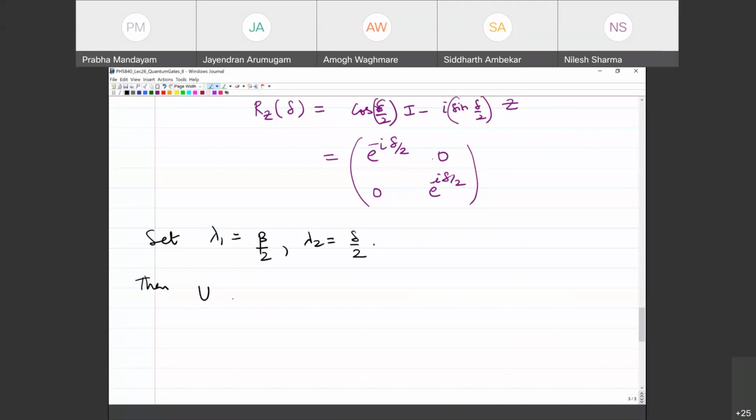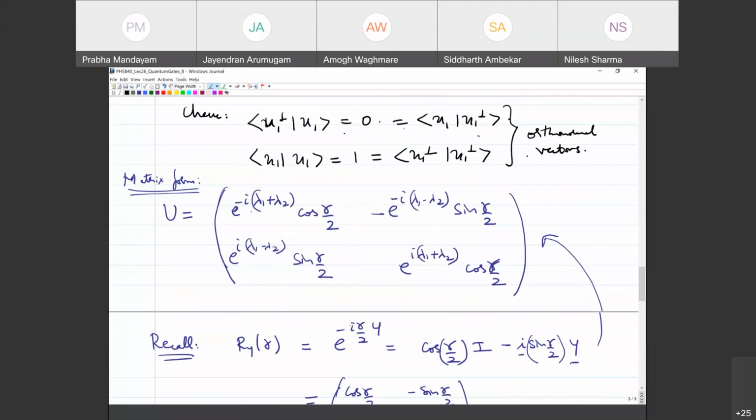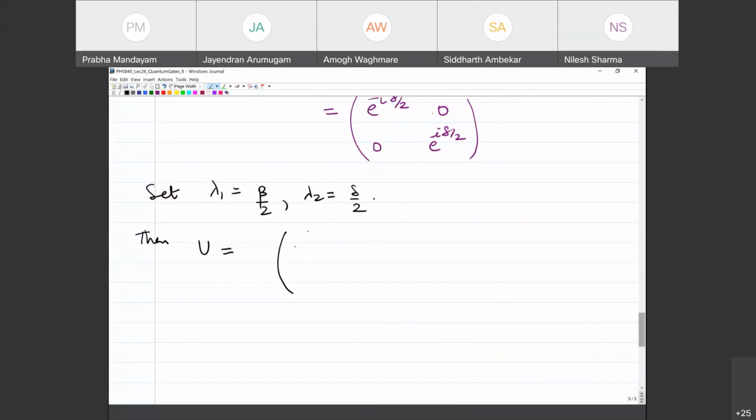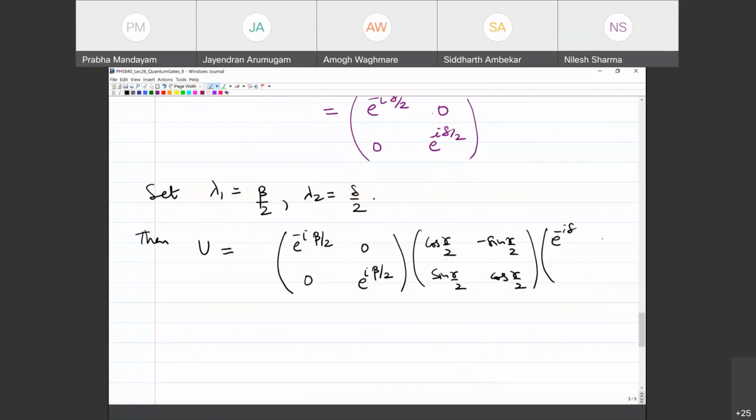Then this U matrix. So if lambda 1 is beta by 2, so the claim is that U is simply this now, up to some overall phase.